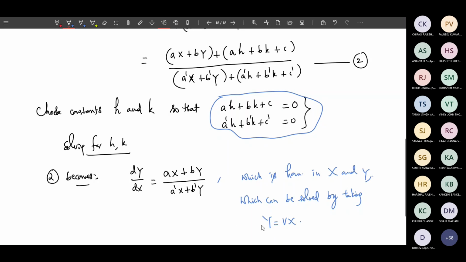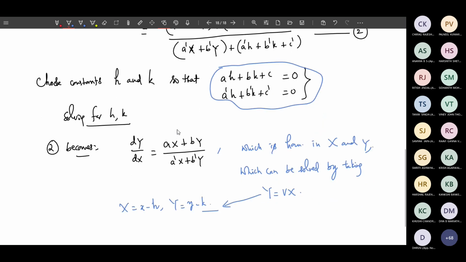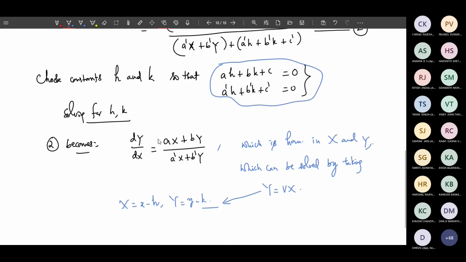Finally, you have to back substitute with x replaced by x minus h and y replaced by y minus k to get the solution. We need not remember all this procedure at this moment, but in the problem we will see how we reduce it, in the example, how we will go ahead with that, in case it is not homogeneous but reducible to homogeneous equations.